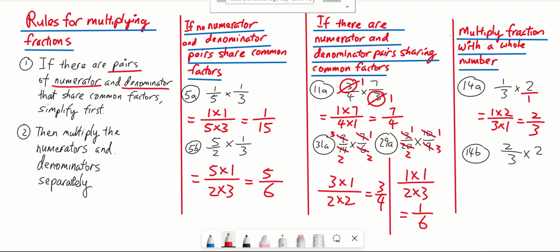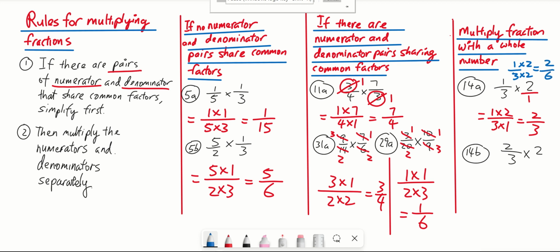You can see that this does not quite make sense, so I'm going to use blue ink to show that this is incorrect. What I mean is the student multiplies 1 with 2 and multiplies 3 with 2. Now I end up getting 2 over 6.